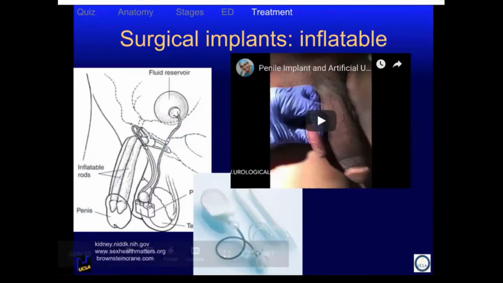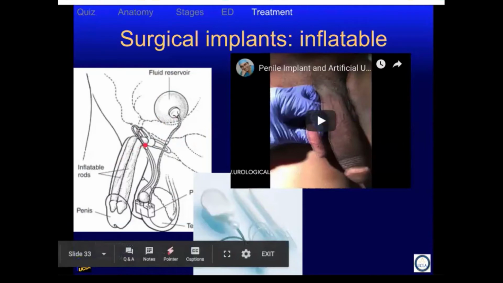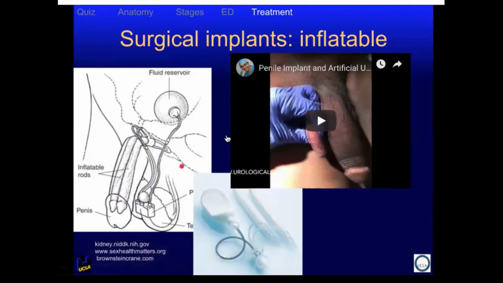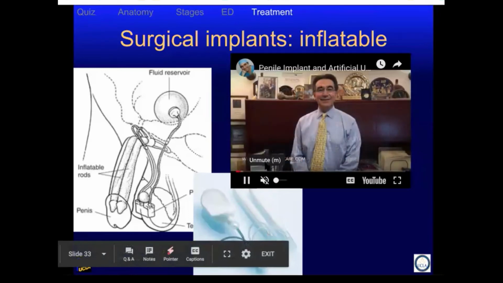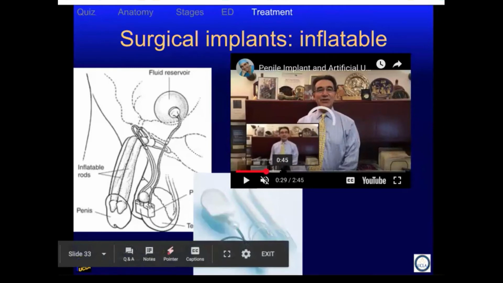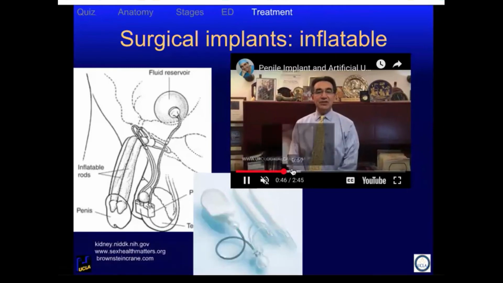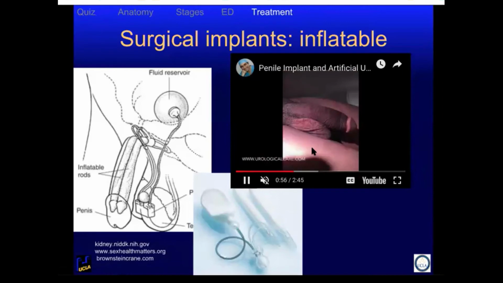Surgical implants, there are different types. This is called a semi-rigid. Semi-rigid is inflatable. Here's a good example. The corporal bodies, this one is placed into the penis surgically. It is a pretty simple procedure, about 2 hours.